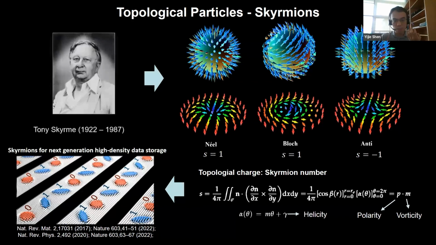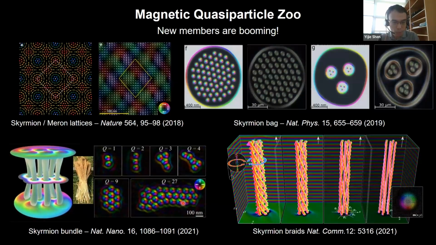And indeed, it's really a hot topic, and people are producing diversified Skyrmion topologies in magnetic materials, condensates, and liquid crystals, and also more complicated controllable topologies from Skyrmion lattices. You can have an array of topological numbers, the Skyrmion bag with large topological number, Skyrmion bundle, Skyrmion braid with 3D topology. Anyway, all of these are in solid state physics, right?